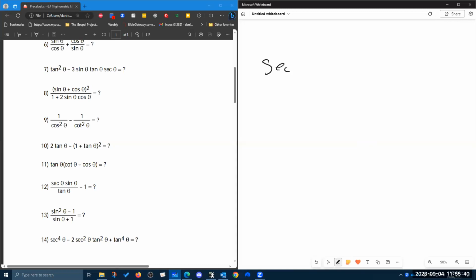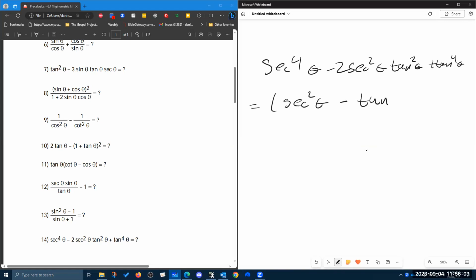Have secant to the fourth theta minus 2 secant squared theta tan squared theta plus tan to the fourth theta is equal to, so this should be a perfect square, secant squared theta minus tan squared theta. 1 plus tan squared equals secant squared.